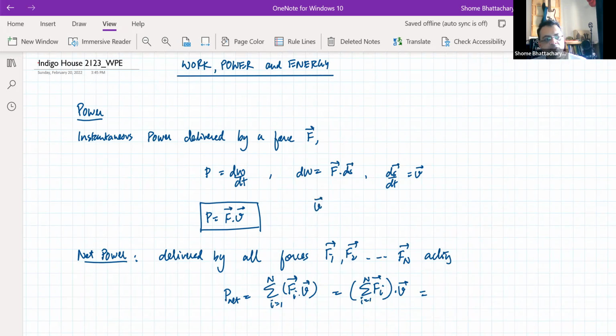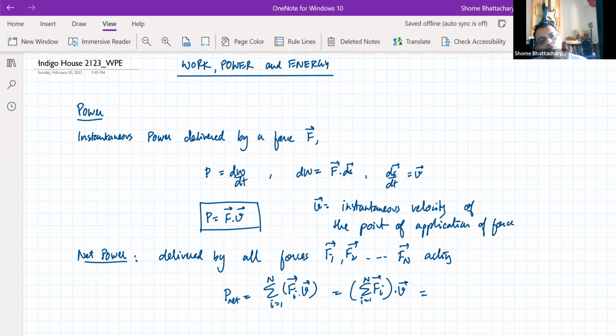So here velocity is the instantaneous velocity of the point of application of the force. So that's why this will become net force dot velocity.